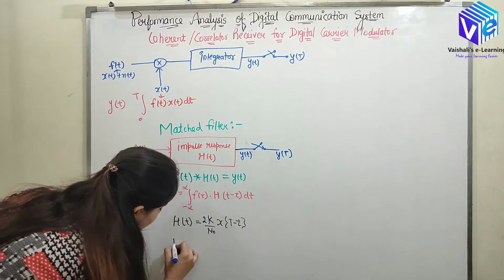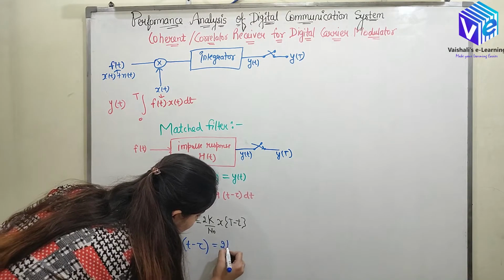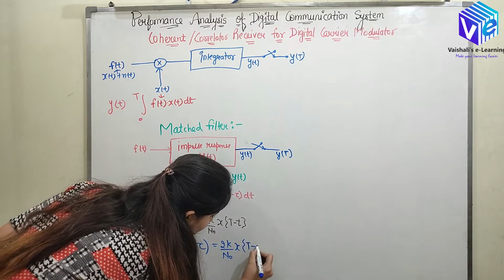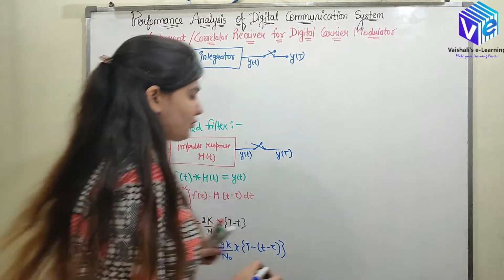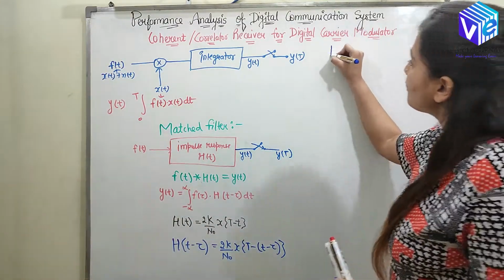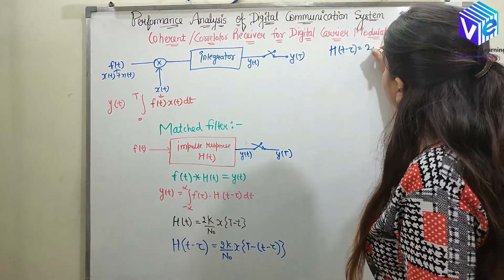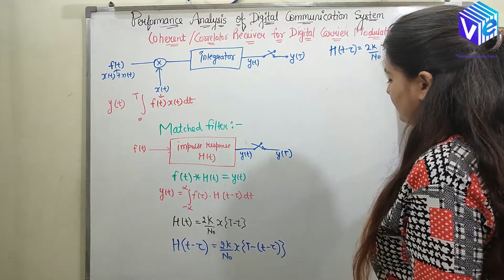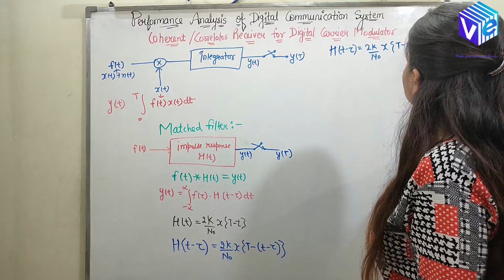So I can represent h(t minus tau) is equal to 2k upon N0 x(T minus t plus tau).